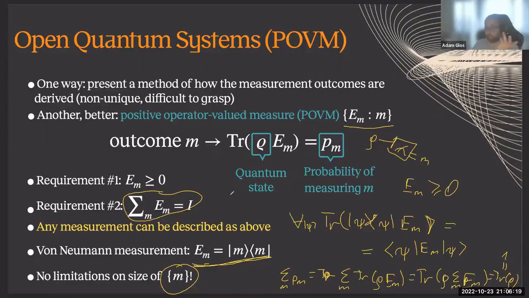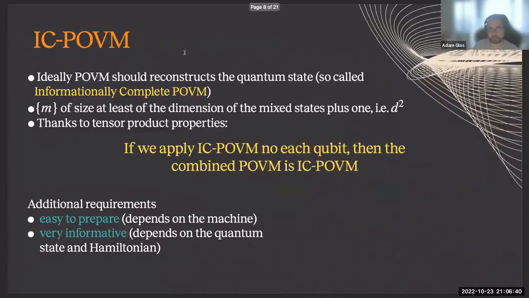Of course, just presenting the measurement as a POVM will not necessarily give us something which allows us to reconstruct the quantum state. Because in particular, having this von Neumann measurement description, we already know that this is not sufficient, right? For this, we need something called an informationally complete POVM. What does informationally complete POVM mean?